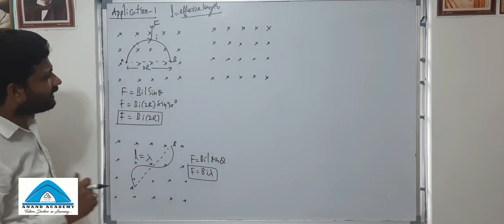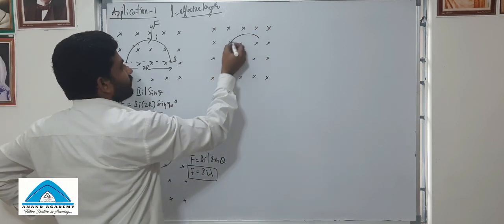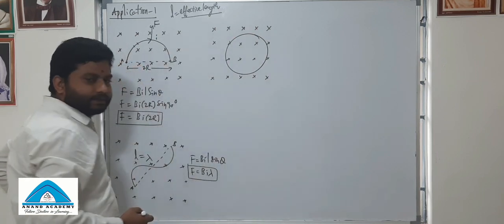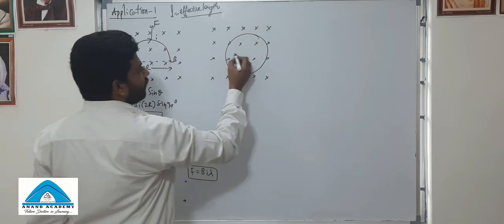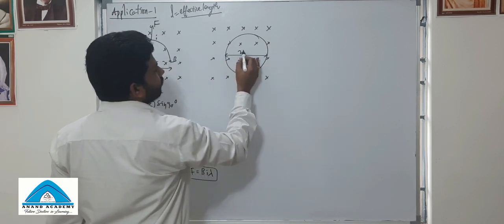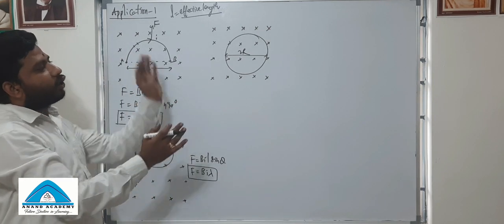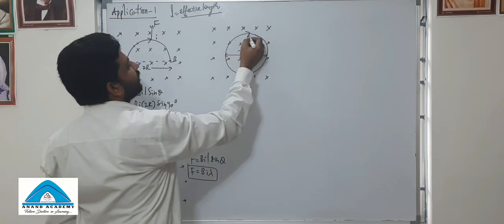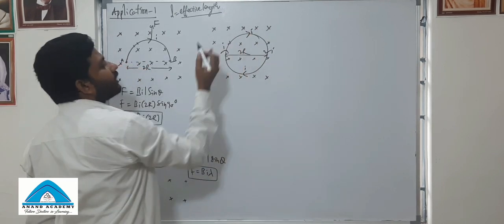Here there is a circular wire whose diameter is 2r, whose radius is r. Let me draw the diameter here, it is 2r. Fine. So the question is, what is the force acting on this current carrying wire? Imagine the current flowing through this is in this direction.